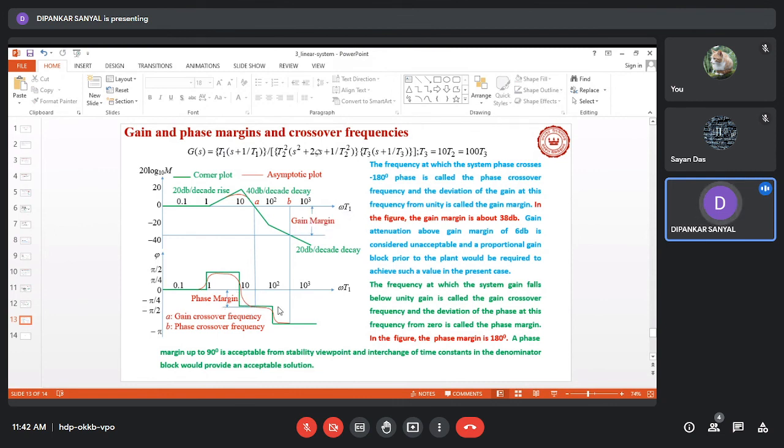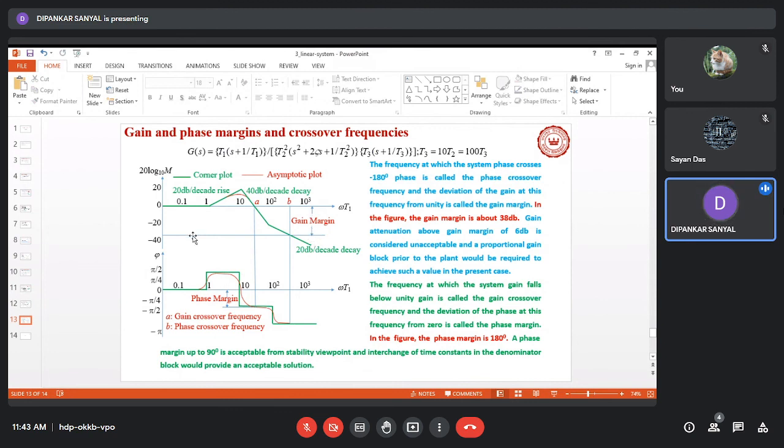So normally the acceptable phase margin of up to pi by 2 is acceptable. Even if it is pi by 4 or so, it is even better. And in case of gain margin, where we have the phase reaching this minus pi level, corresponding to that we have a phase crossover frequency, and at the phase crossover frequency point, the margin of gain, we describe that to be the gain margin.